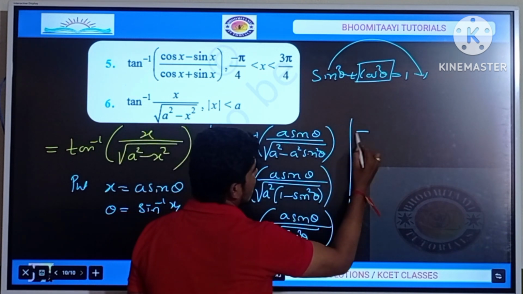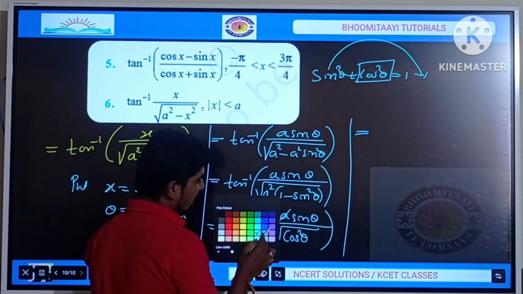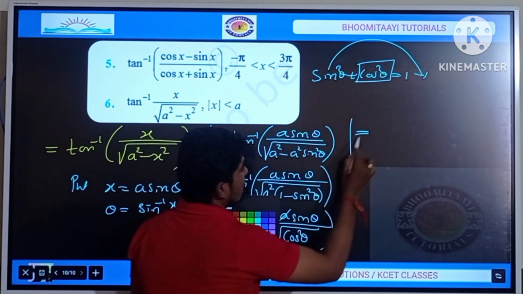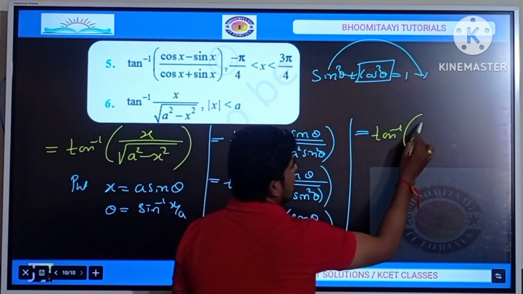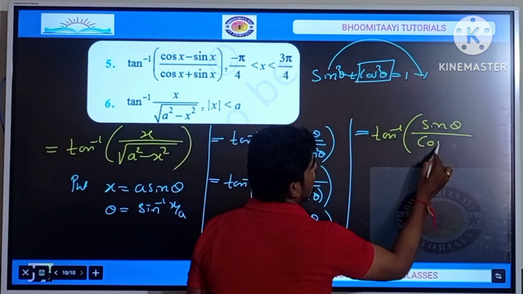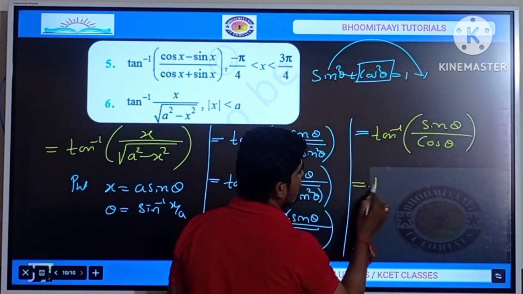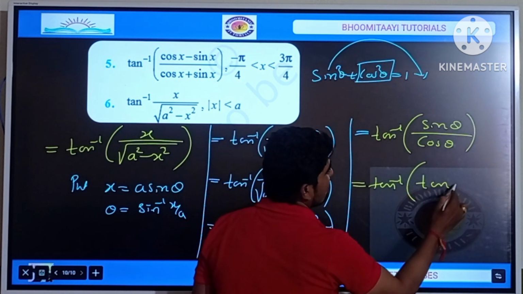Now this is equal to, first a and a get cancelled. Then this is equal to tan inverse of sin theta divided by root cos square theta, which is cos theta, which is equal to tan inverse of sin theta by cos theta, which is tan theta.